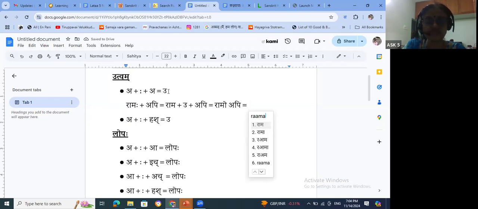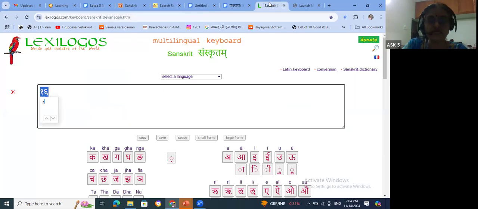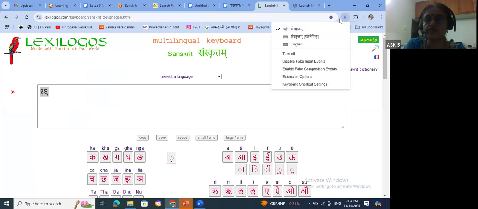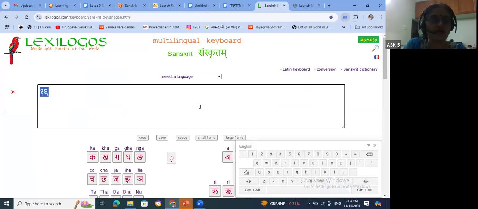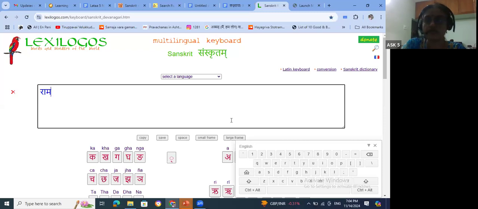how do I do this Avagraha? I have no clear idea how to type Avagraha. Let's see. Here I will type it. Rama and Visarga.